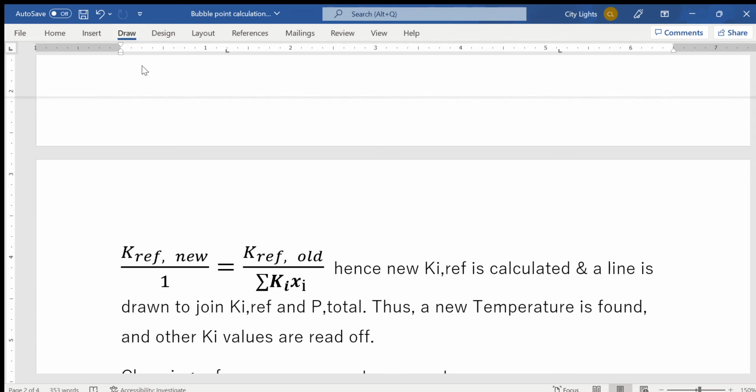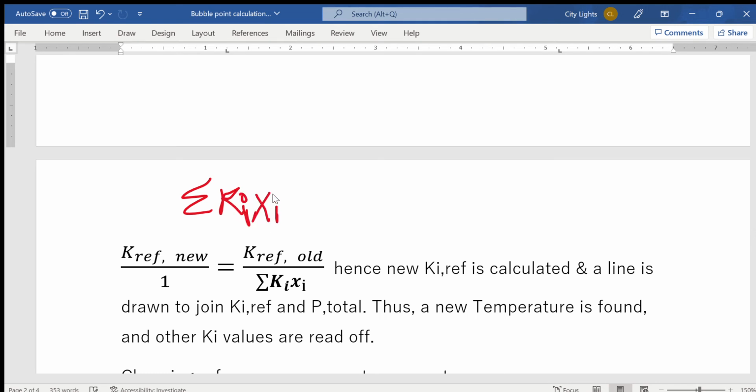So this is how we calculate this equation. Since the summation of ki xi equals 1, ki xi new should equal 1, and ki xi old is something which is much larger than 1.